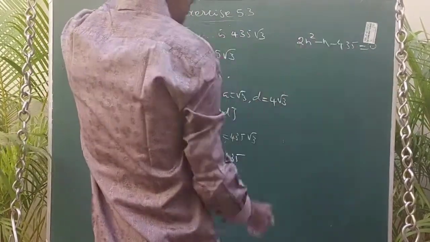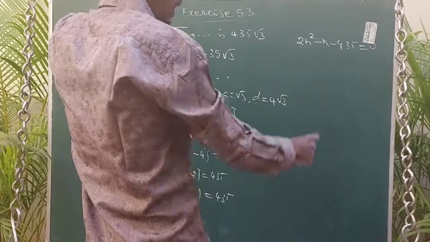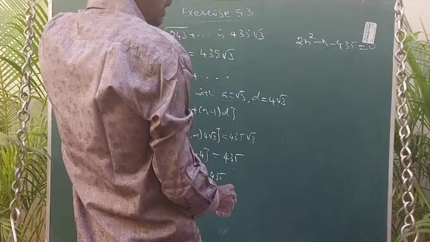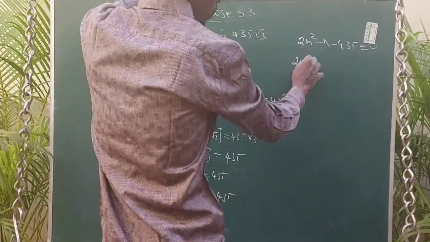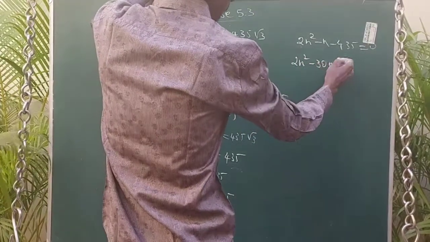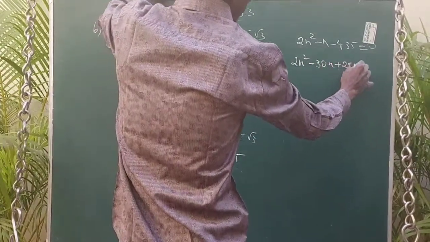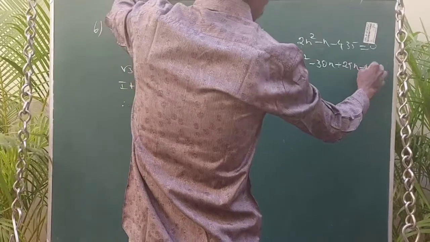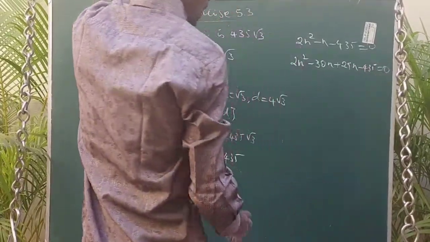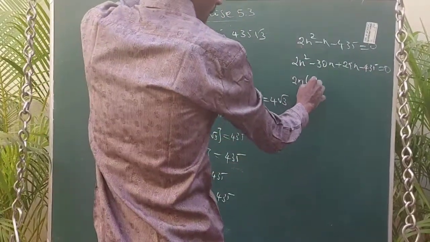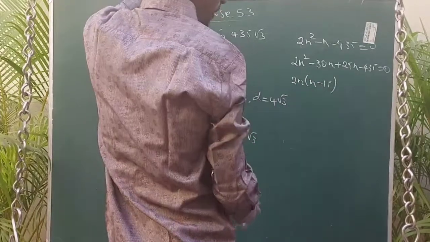Now look here. Product is minus 870 and sum is minus 1. So 2n square minus 30n plus 29n minus 435 equal to 0. If we take 2n common, it is n minus 15.